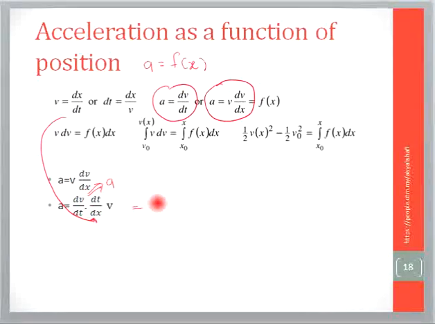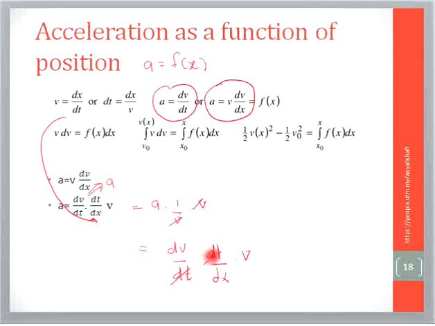So this is actually a, and it's actually like this: a times 1 over v times v. So you will get a, but it's dv over dt, dx times v.